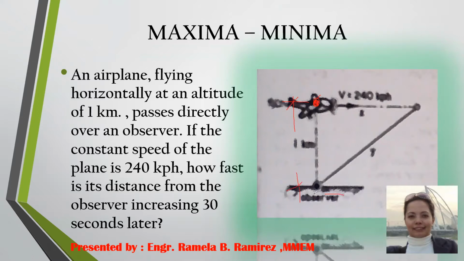And take note that this is the position of the observer. The constant speed of the plane is given, 240 kilometers per hour. The question is, how fast is its distance from the observer increasing 30 seconds later?